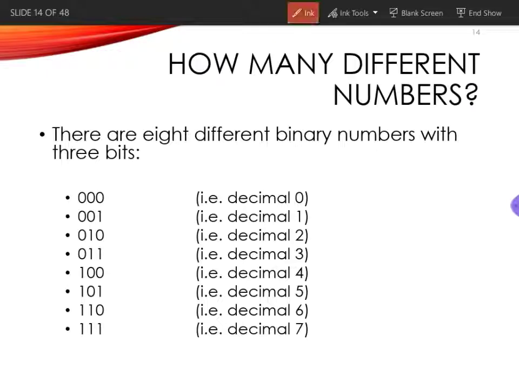If you have 3 different bits, there are a total of 8 different combinations. So the way that it works is basically you have 0 and then 1, 0, 1, 0, 1, 0, 1.